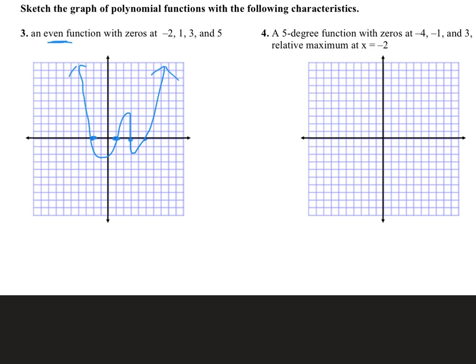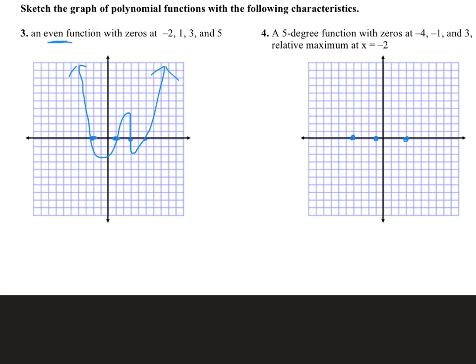Okay, for number 4, we know it's a 5 degree. So because it's 5 degree, we know that one end goes up and one end goes down. We know there are zeros at -4, -1, +3, and there's also a relative max at -2.